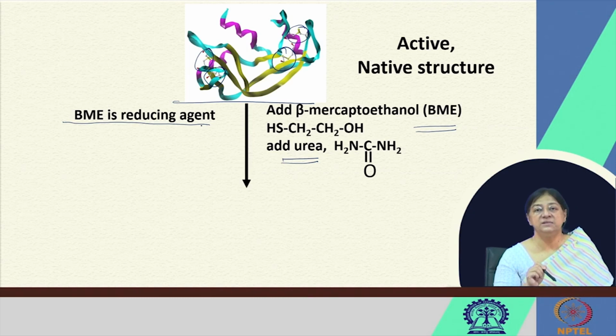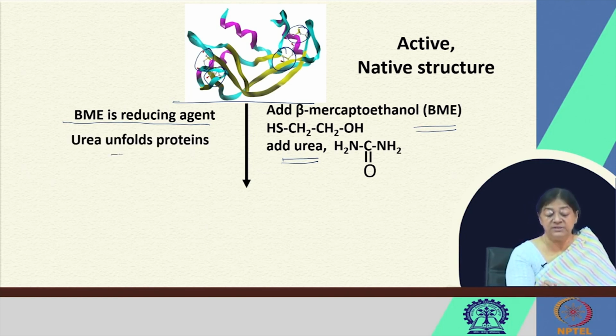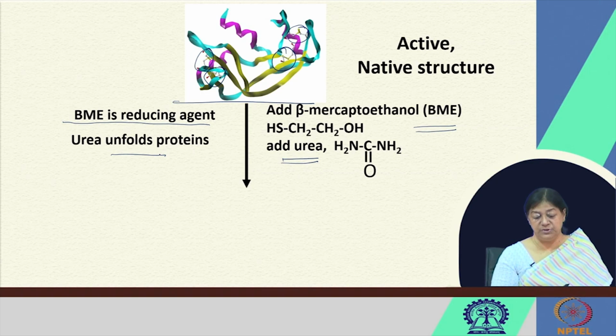The S-S linkage is going back to forming its individual SH as we saw in the previous slide. And what urea does, it unfolds proteins. We will be doing this in this module, where we will be looking at what we mean by protein denaturation, as to how we can, now that we have a folded protein, unfold the protein.